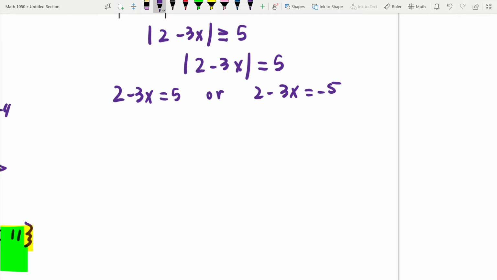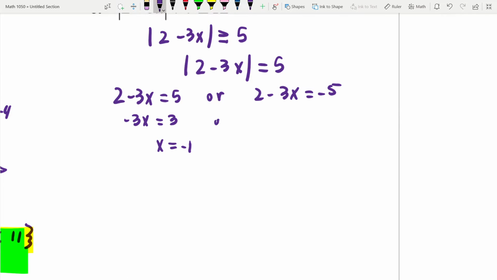Move your 2 over, it becomes a negative. Negative 3x equals 3. Divide by negative 3, x equals negative 1. Put your ors down. Next one, negative 3x equals, 2 comes over and becomes a negative. Divide, x equals 7 over 3.